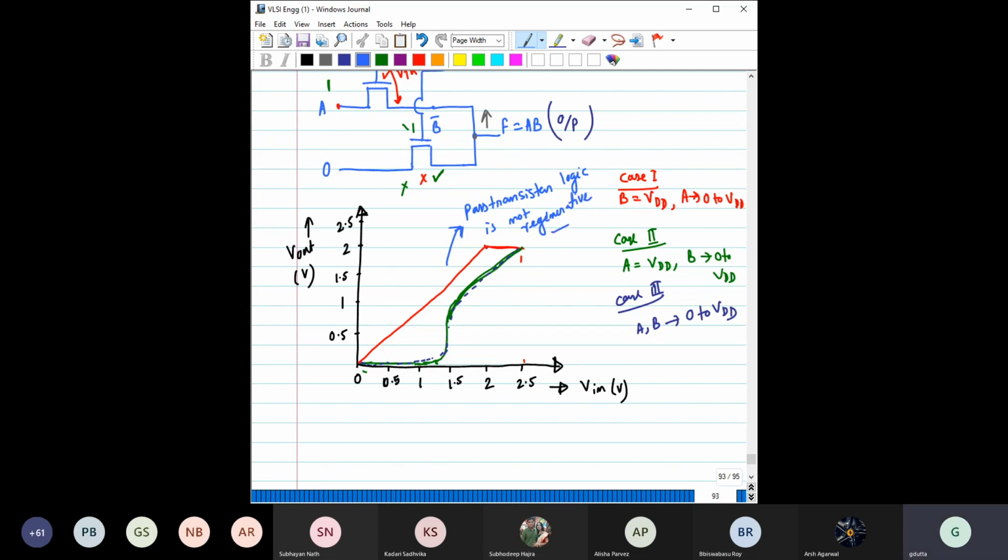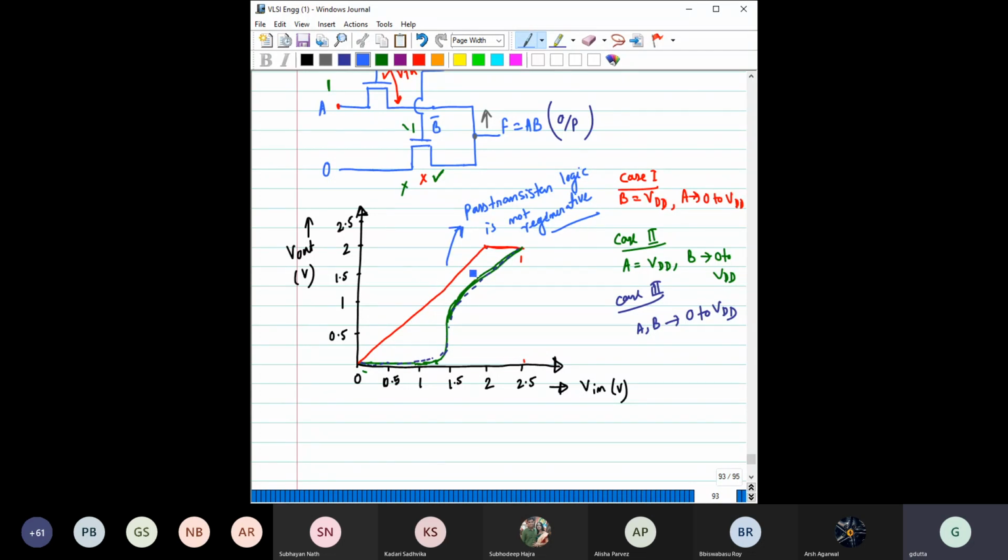I hope you can still remember how we defined the regenerative property. If not, maybe go through our beginning lectures where we discussed this quite extensively.